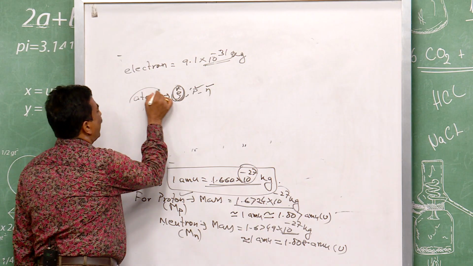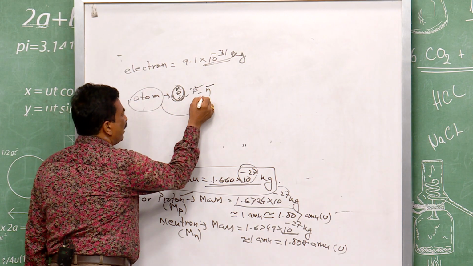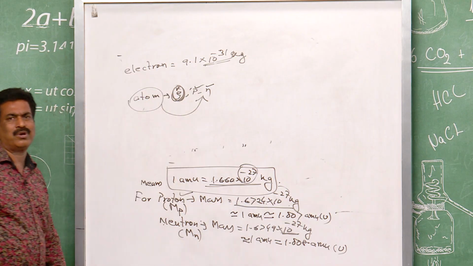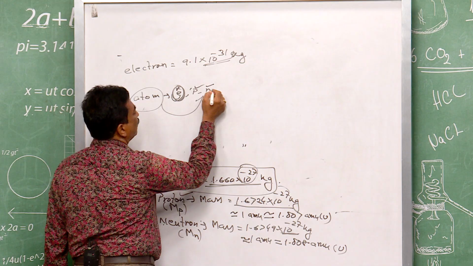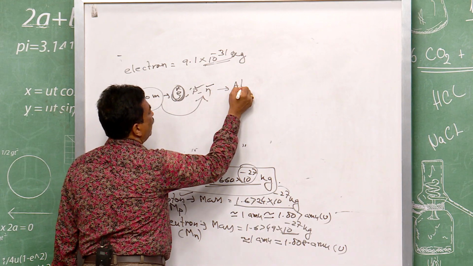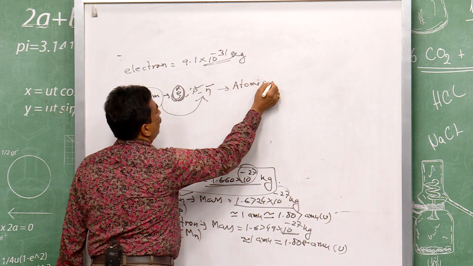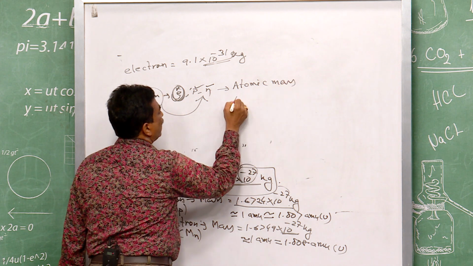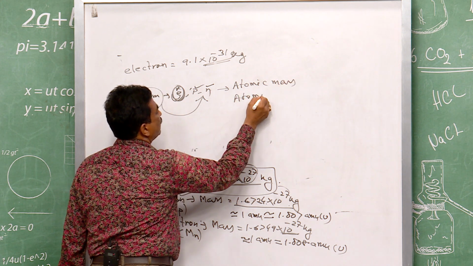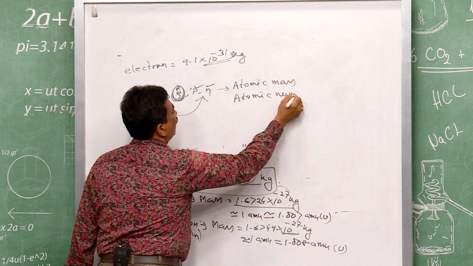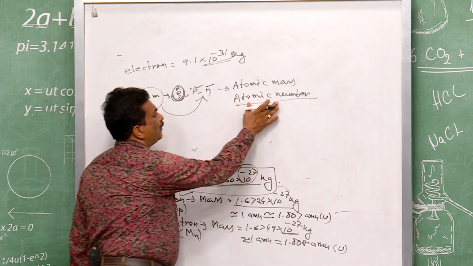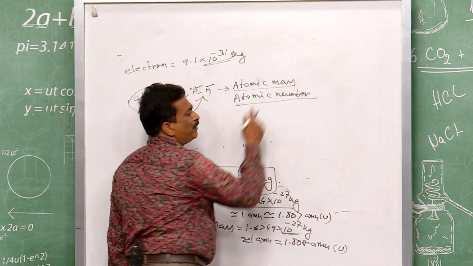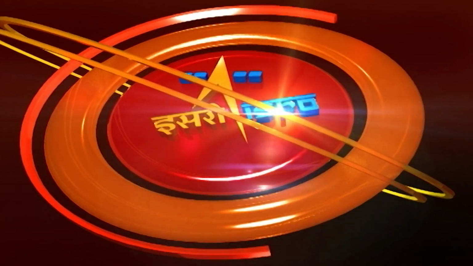So the total mass is nothing but the mass of the proton plus the neutron, that is its atomic mass. But there is another term, atomic number. This atomic number is purely a number, this atomic mass is a mass.